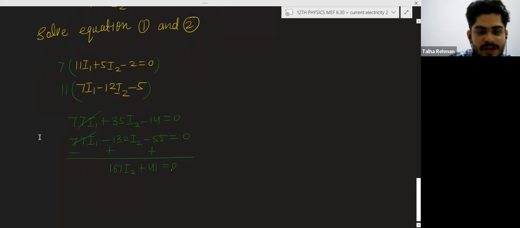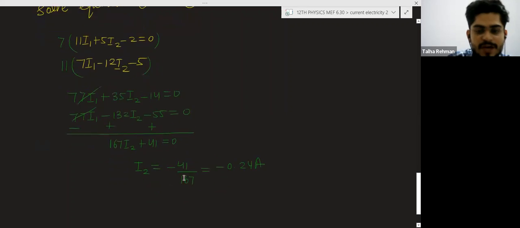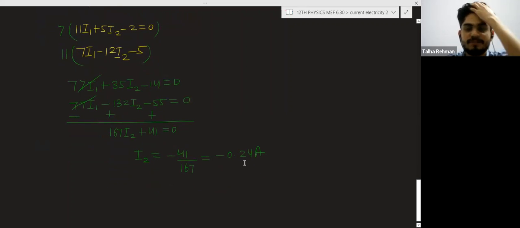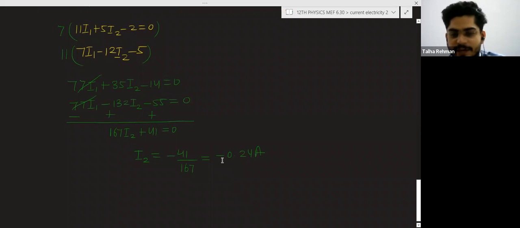So what is the value of I1? Sorry, I2 you will get minus 41 divided by 167, and when you divide this you will get minus 0.24 ampere. So I2 is 0.24 ampere, and we have got the negative sign of the current.